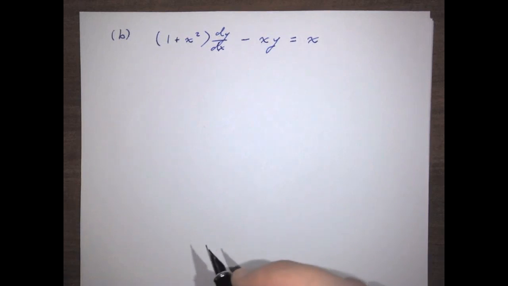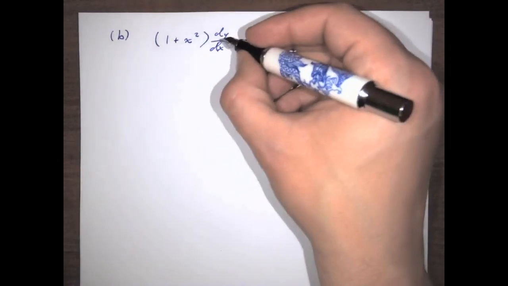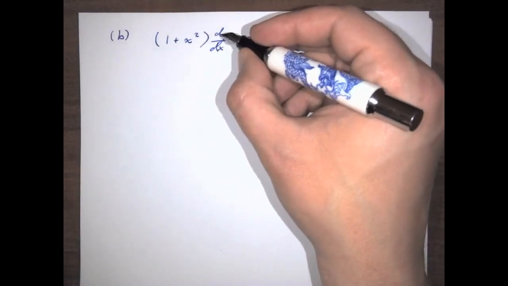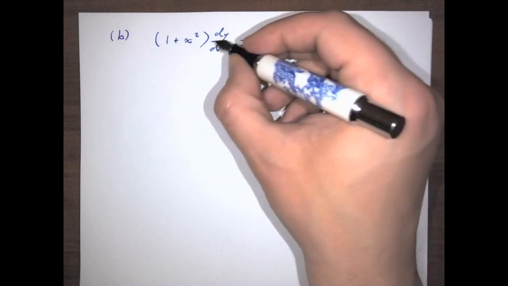Now in this case, we are not currently in a position to declare what the p and the q are, because this is not actually currently in the authorized linear form.